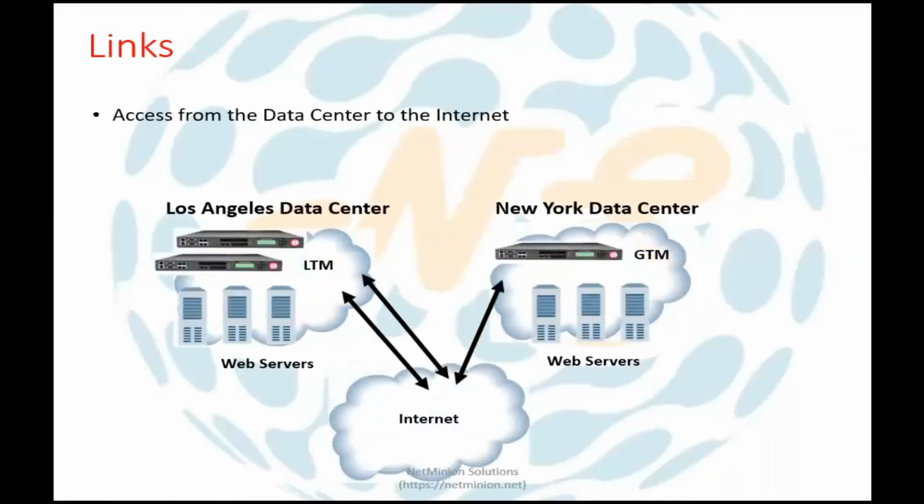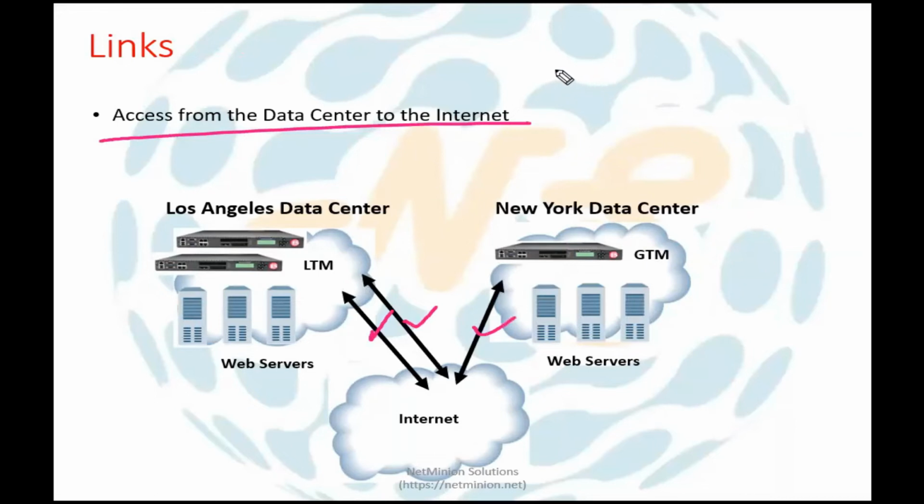Let's go ahead. What are links? A link is a logical representation of the physical device, like your router that connects to the internet. In GTM or Big IP Local Traffic Manager, it tracks the performance of the link, which influences the availability of your pool, your data center, or your wide IP.